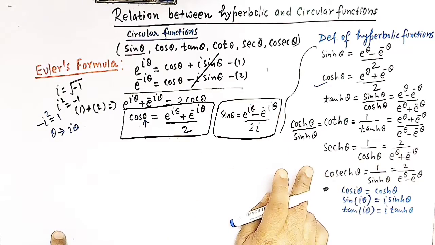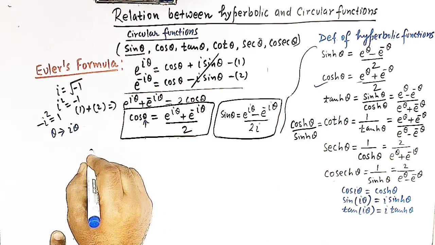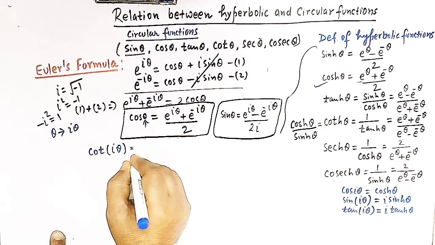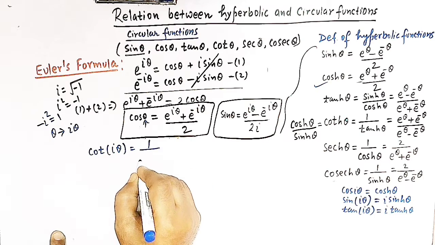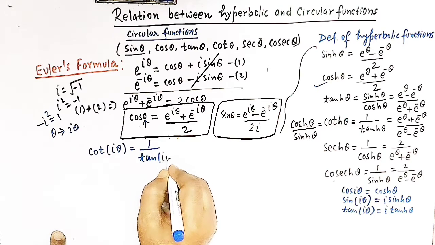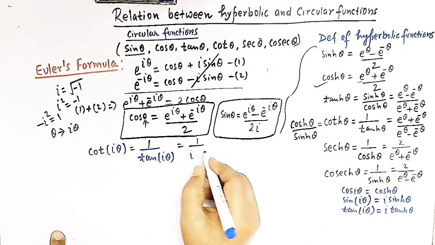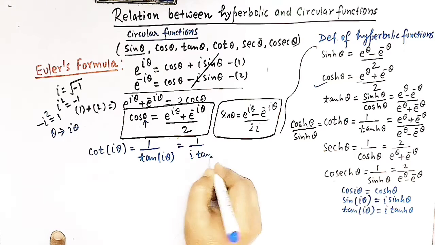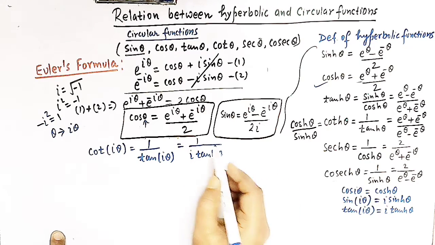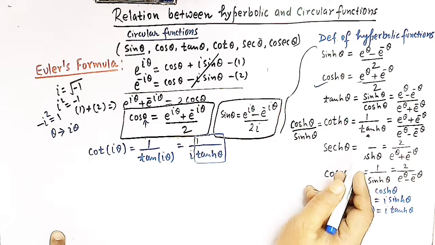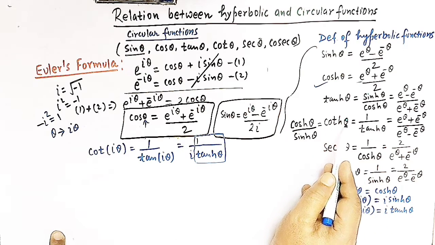So now let us derive the other relations. So here we have cotangent of iθ can be written as 1 over tangent of iθ. So now taking tangent of iθ as i times hyperbolic tangent of theta, we have 1 over i, and here we have hyperbolic tangent of theta. So now 1 over hyperbolic tangent of theta is equal to hyperbolic cotangent of theta.